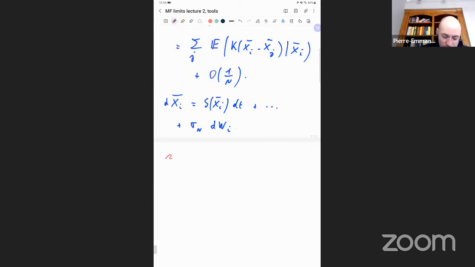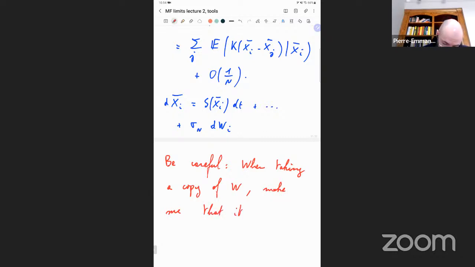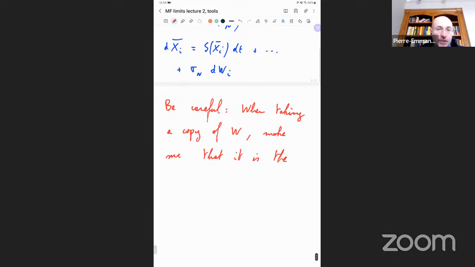It is essential, when I take a copy of the Brownian motion as well, I need to make sure that it is the same Brownian motion, the same Wi that we are using, because if you change the Brownian, of course, the trajectories are not going to be the same.